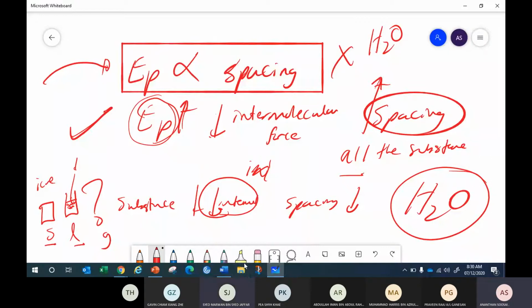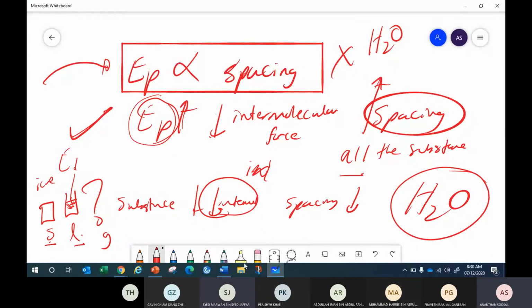So when you explain H2O from solid to liquid, don't use spacing. Is potential energy getting lower or higher from solid to liquid? Normally, from solid to liquid spacing increases, the intermolecular force gets weaker, so potential energy gets greater.